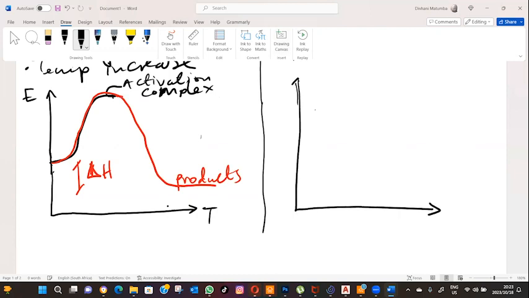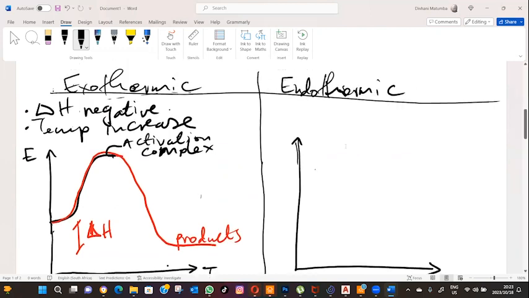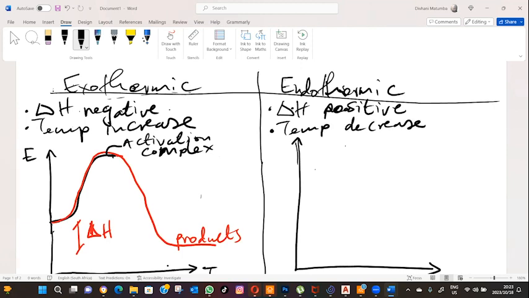Endothermic reaction should be the opposite. What we know is that the change in energy is positive. The temperature of the system decreases.